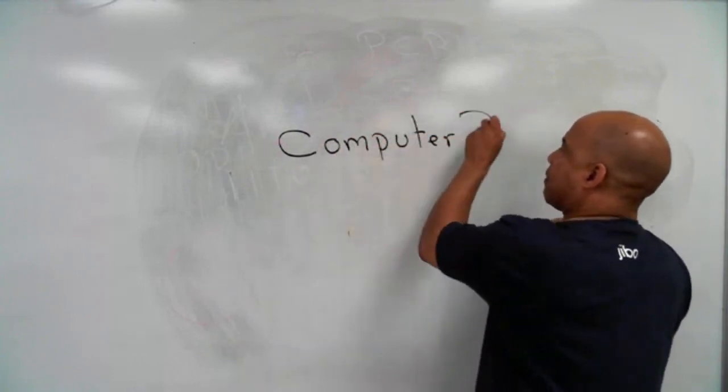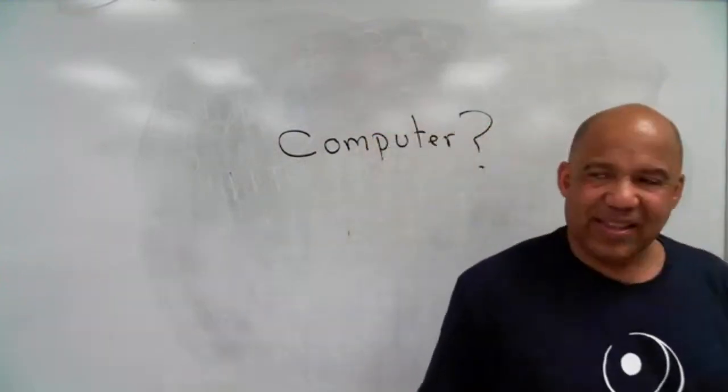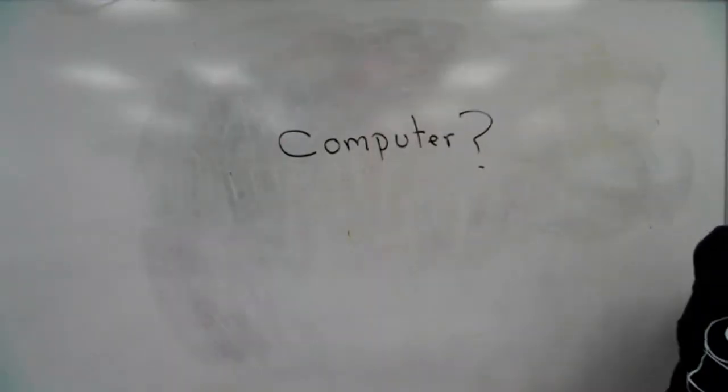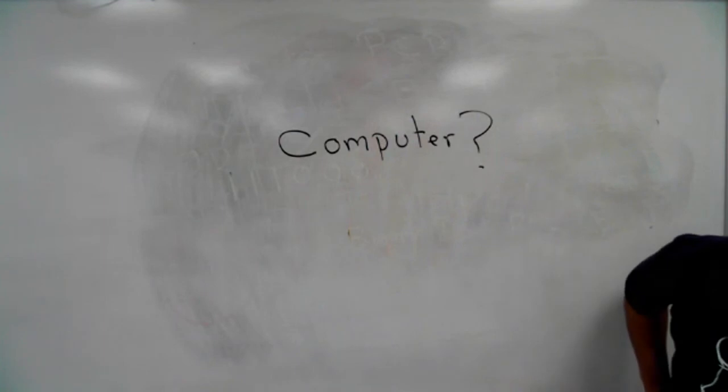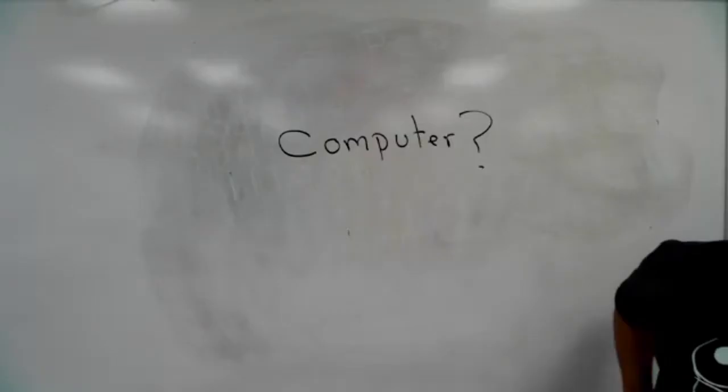What is a computer? I mean, that's kind of a hard thing to talk about, but when you think of a computer, what is it? Is it something that does basic mathematical functions? Okay.